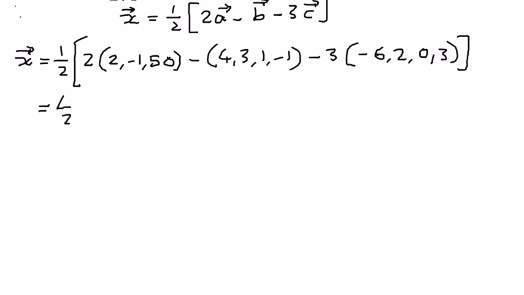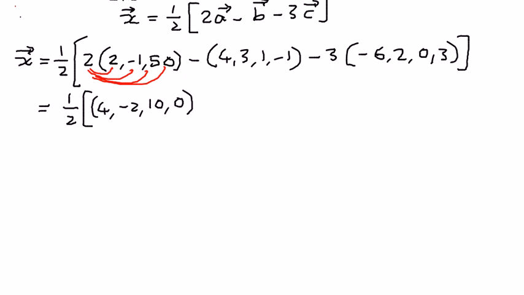1/2 of, we'll distribute the 2 to every one of the components in here, and when we do that, 2 times 2 is 4, 2 times -1 is -2, 2 times 5 is 10, 2 times 0 is 0.